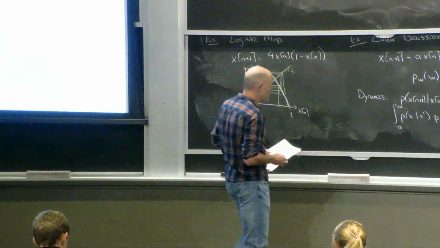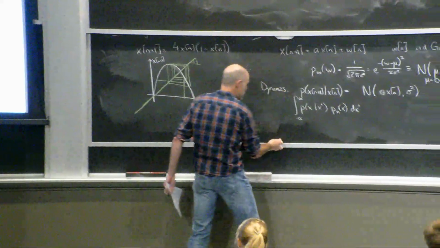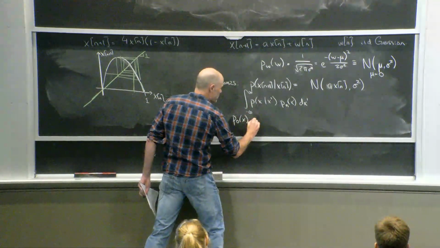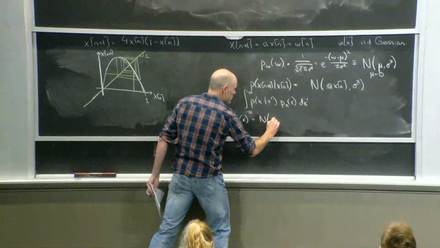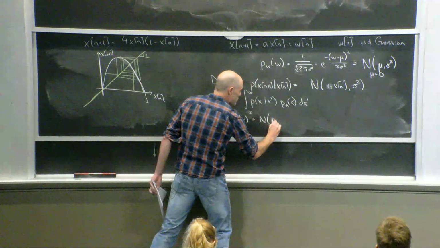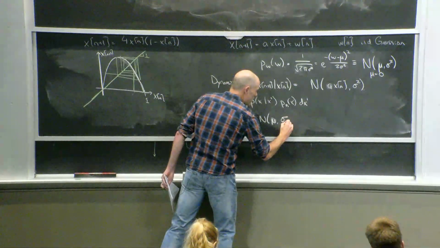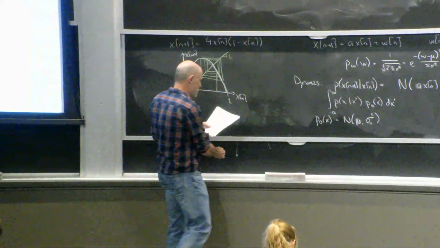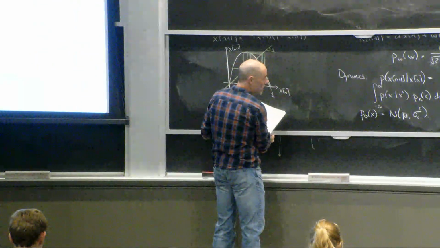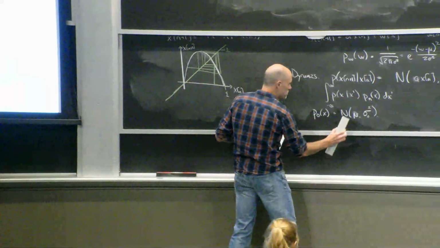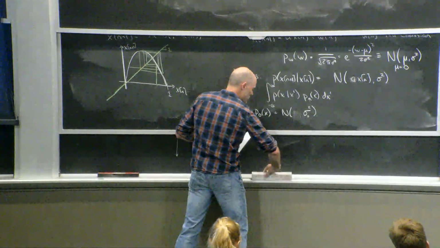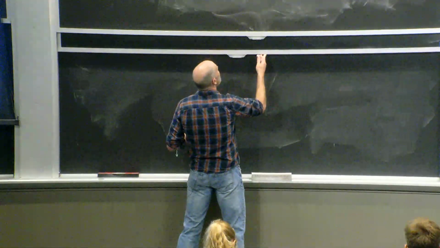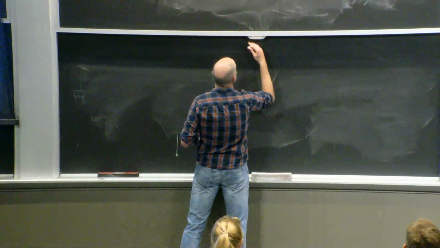Okay. So if I choose P0 of x to be some Gaussian with some initial condition and some initial covariance, I'll even make it simpler. I'll keep the mean 0 to begin with, okay? Let's think about how that evolves.